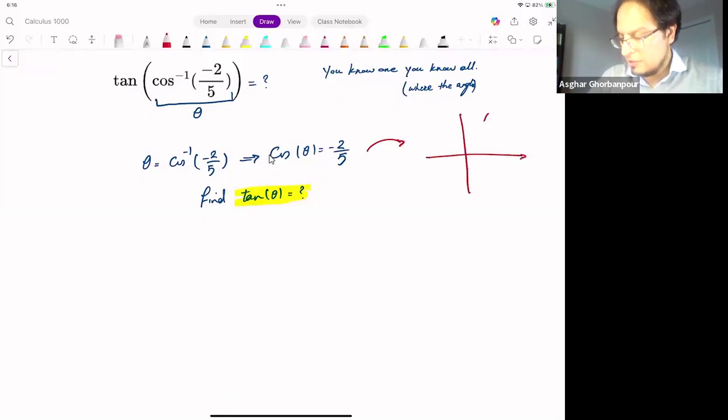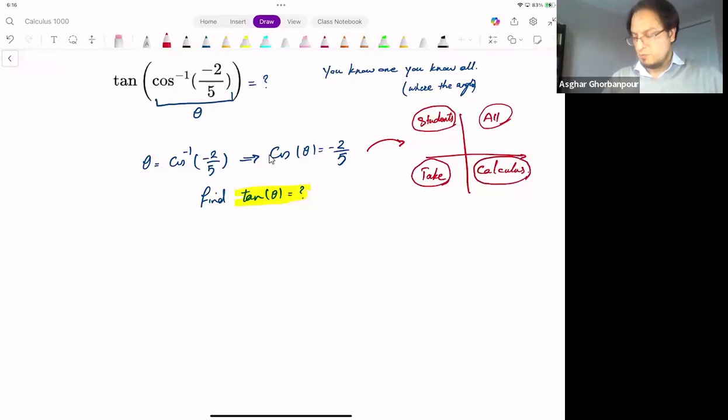Remember, All Students Take Calculus. So everything is positive here. Sine is the only positive one. Tan is the only positive one. And here cosine is the only positive one. Since cosine theta is a negative number, that means that we are either in the second quadrant or in the third quadrant.